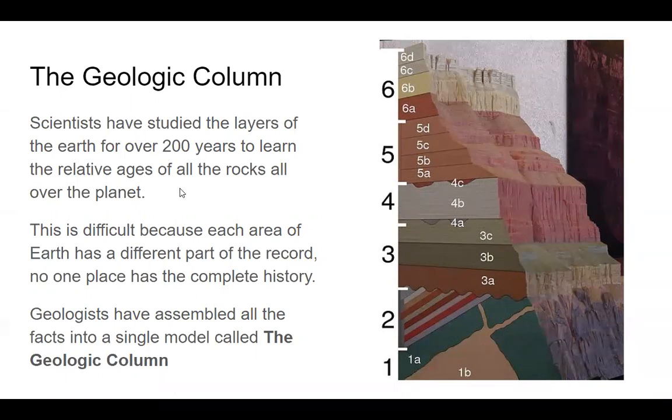Okay. So scientists have studied the layers of the Earth for 200 years to learn the relative ages of all the rocks over the planet. It's difficult because each area of Earth has a different part of the record. No one place has a complete history. Geologists have assembled the facts into a single model called the geologic column.